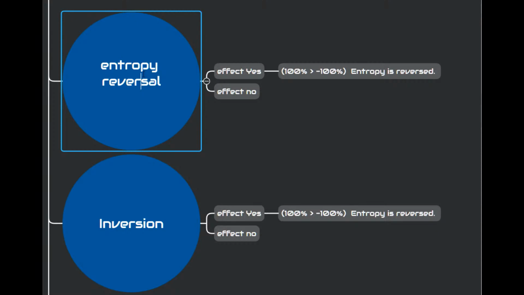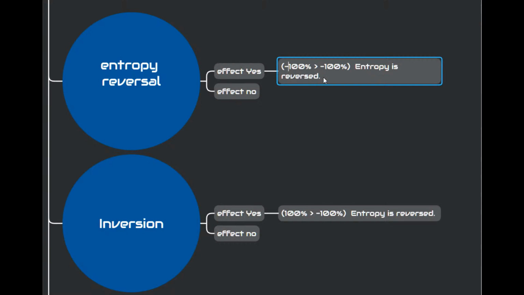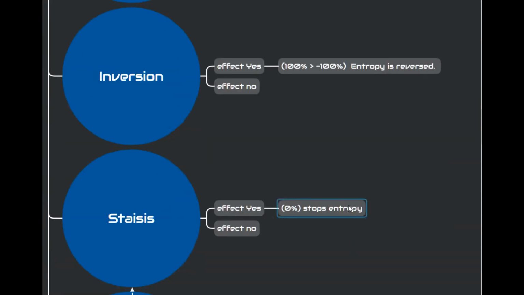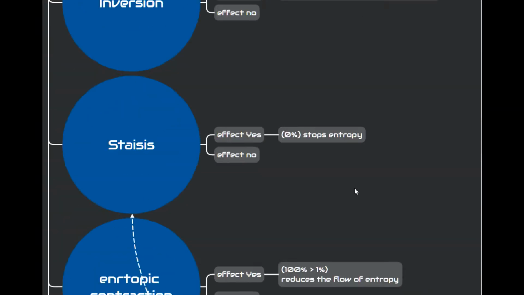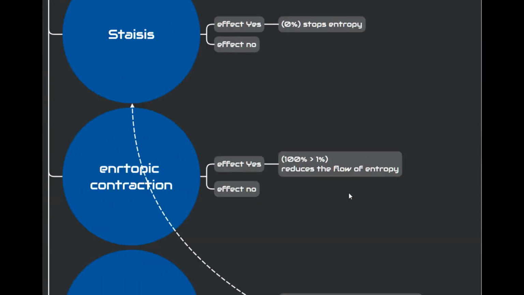And then reverse entropy reversal, which is anything that goes from negative 100 to, and we'll call that infinite.